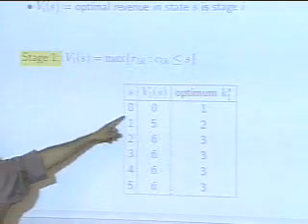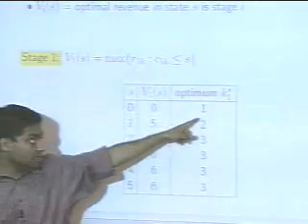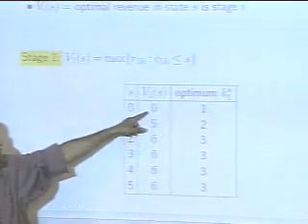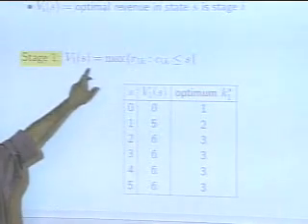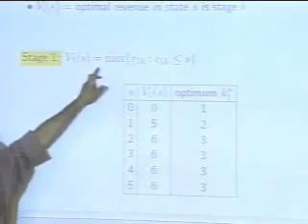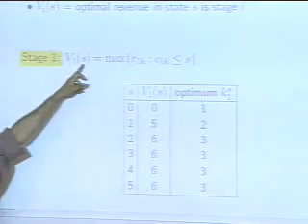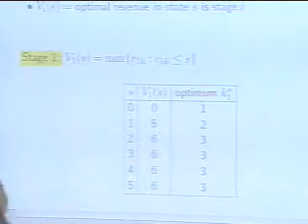So if you have $0 available, then the optimum thing to do is nothing, which is the first proposal that the plant gave. And what is the best revenue that you get out of that? 0. So V1 of S would stand for the maximum revenue that can be generated by looking at plant 1 if you have S million dollars available to you. So if you have 0, the best you can do is 0.